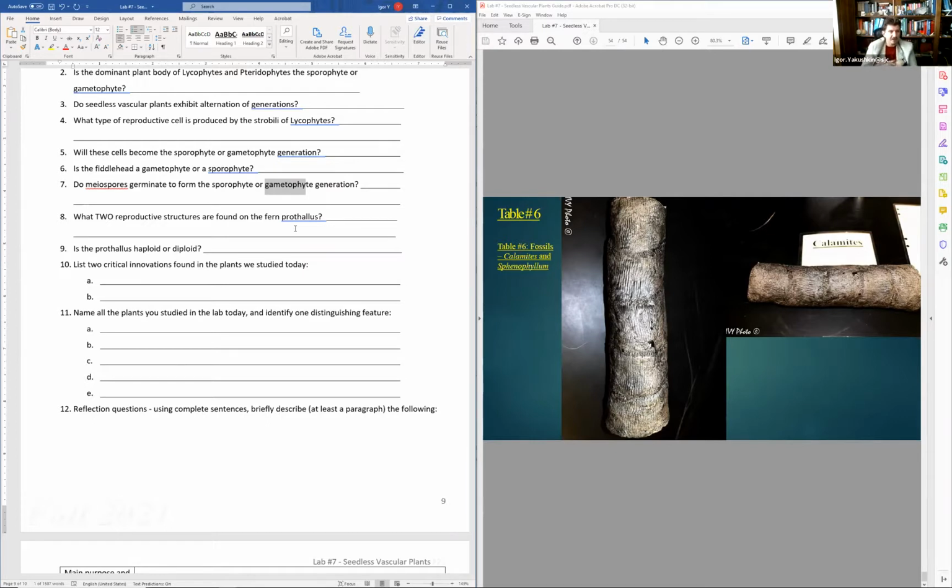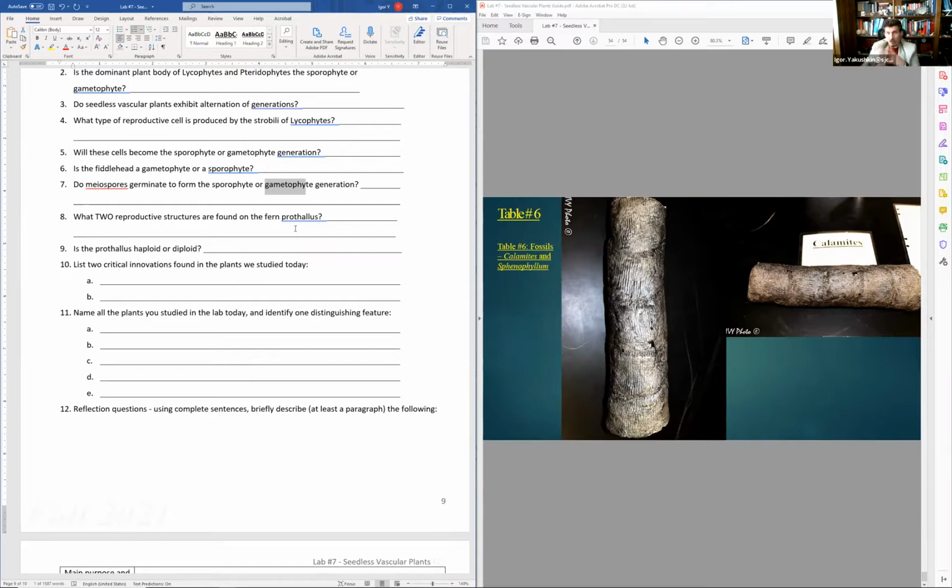Name all the plants you studied in the lab today and identify one distinguishing feature. So we're starting with the lycophyte, right? Lycopodium, homosporous plants. Then we talk about Selaginella, which is heterosporous. Then we talk about whisk fern, Psilotum, which resembles Cooksonia.